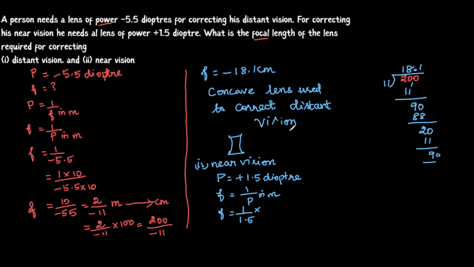So in order to remove the decimal point, multiplying by 10, it is 10 by 15 meter. So when we convert the meter into centimeter, again we have to multiply 10 by 15 into 100.